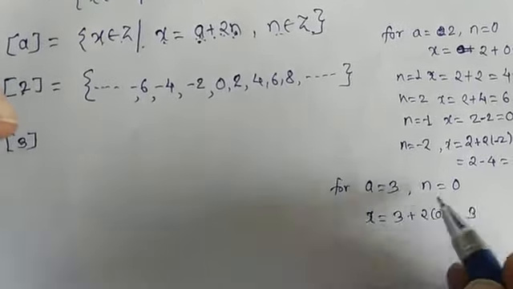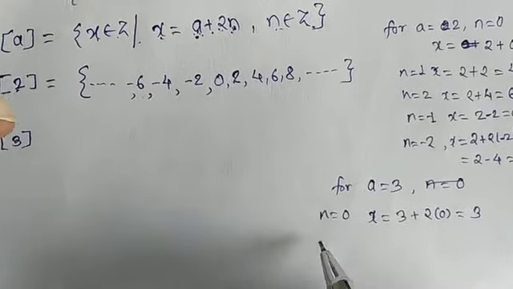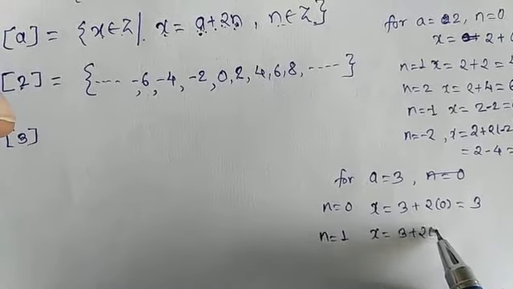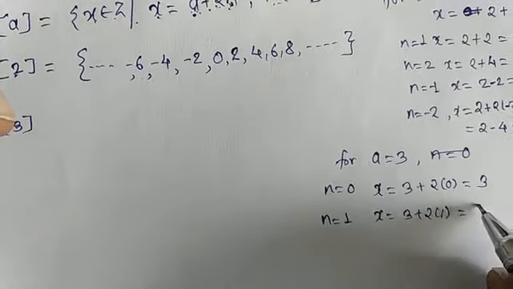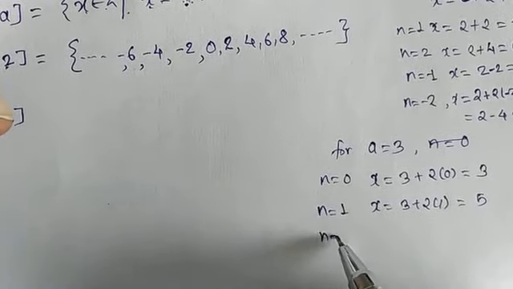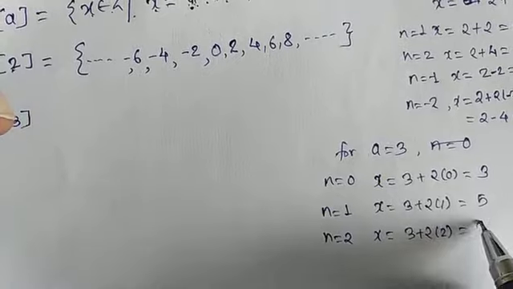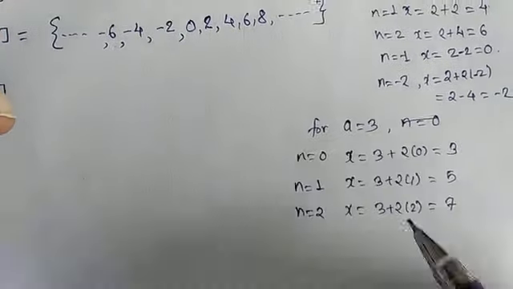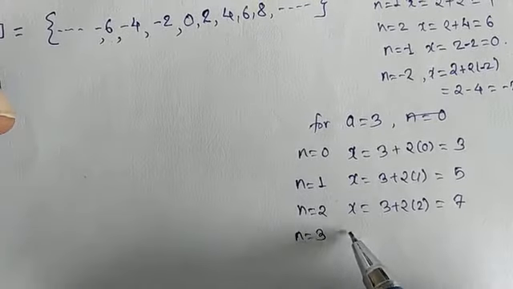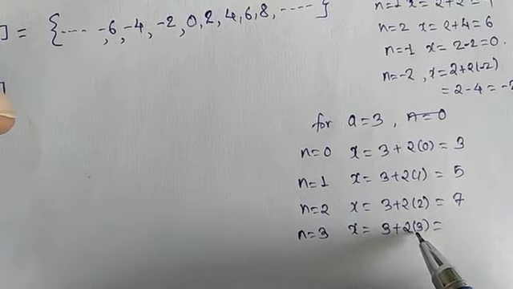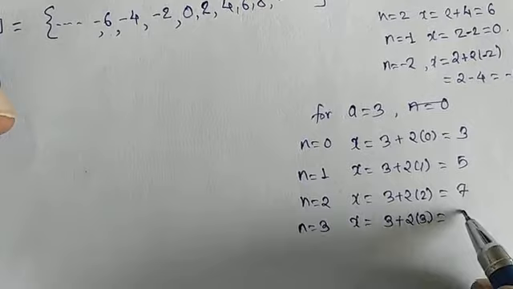For n is equal to 1, x is equal to 3 plus 2 into 1, which is 5. For n is equal to 2, x is equal to 3 plus 2 into 2, which is 3 plus 4, which is 7. For n is equal to 3, x is 3 plus 2 into 3, which is 9.